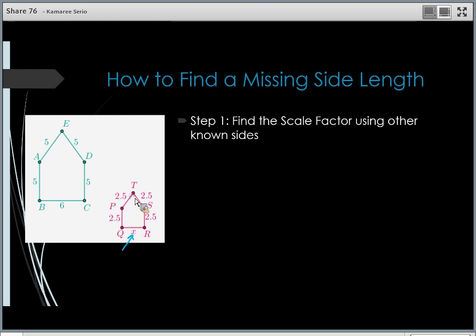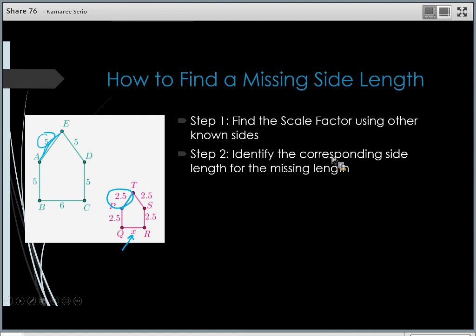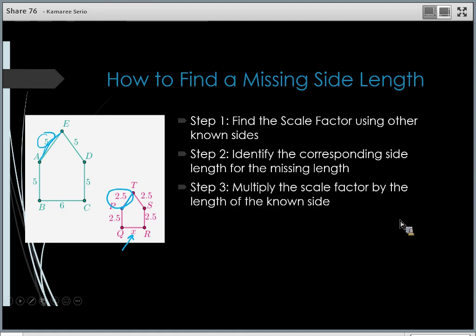If I pick this side here, and I look up here on my image, both of those have a number next to it, so that's a great place to start because I have my 2 numbers for my scale factor. From there, you want to identify the corresponding side lengths, which we just did. Then, when you have your scale factor, you're going to multiply it by your known side length, which is the 6, because I'm trying to get to this x over here.